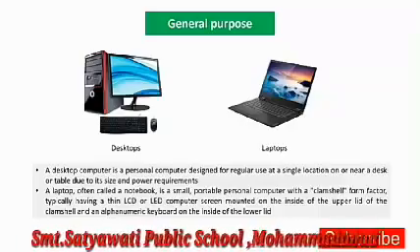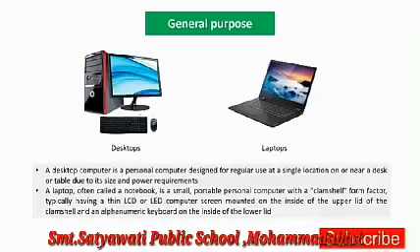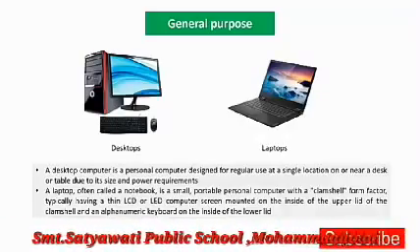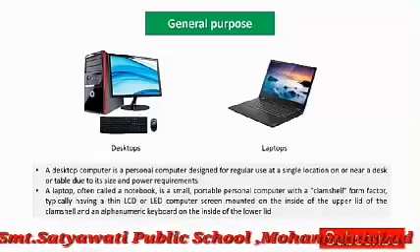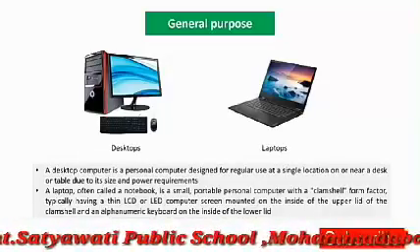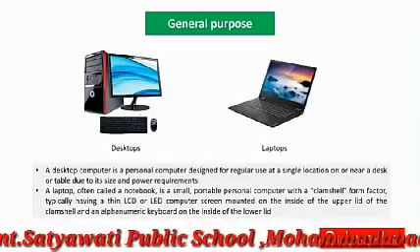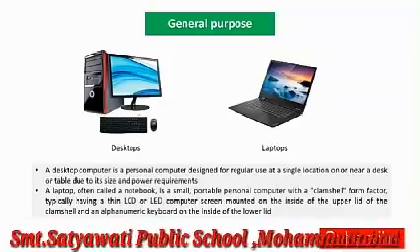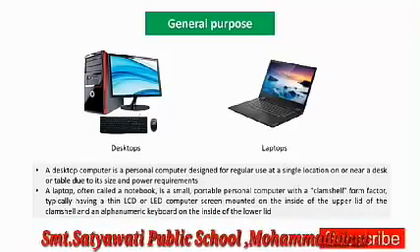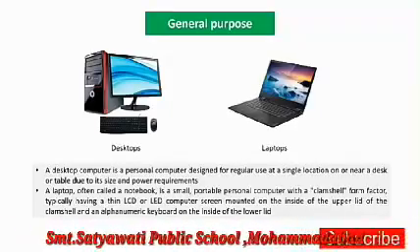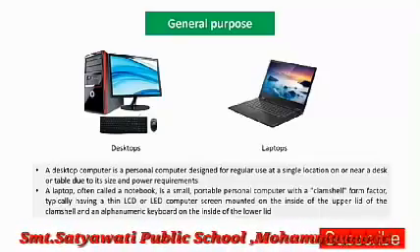This is what is meant by a general purpose computer: there are multiple things we can achieve from such a computer, where multiple software are installed and we can work on them. Every particular software is meant for a particular task, so we can achieve multiple tasks with general purpose computers.